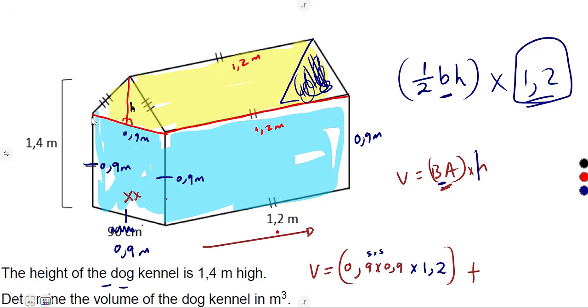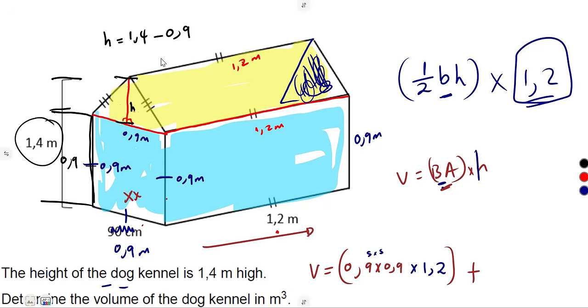So out of that, there is 0,9, which is equal here. So you must get rid of the 0,9. We have what is remaining on top, which is the same as this one. So it's 1,4 minus 0,9. So the perpendicular height of the triangle is going to be 1,4 minus 0,9.